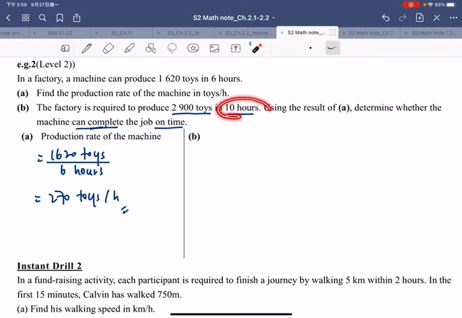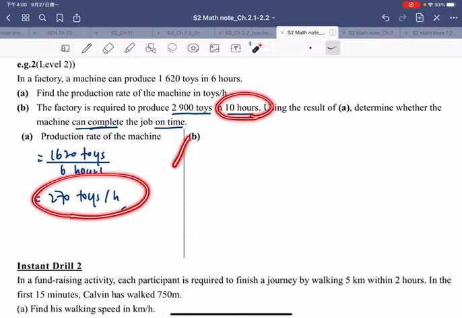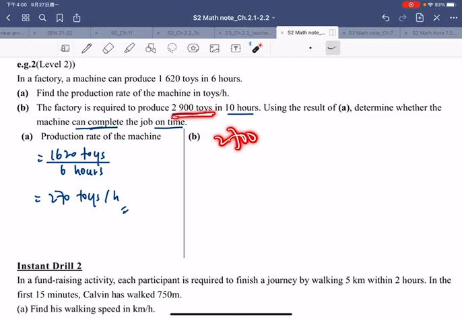So how many toys can be made in 10 hours? We can simply multiply them together, then we know the number is 2,700 only, so we compare with the number required. We see this one is smaller, right? That means the machine cannot complete. Okay, so we need to use the number 2,700 to explain.